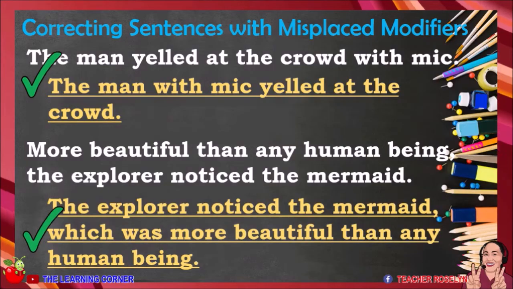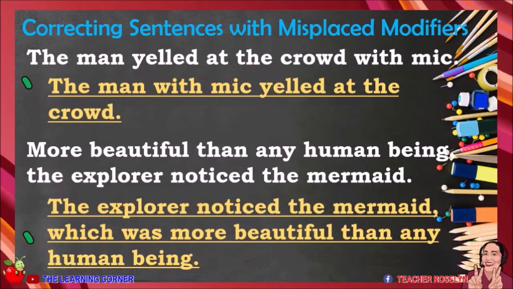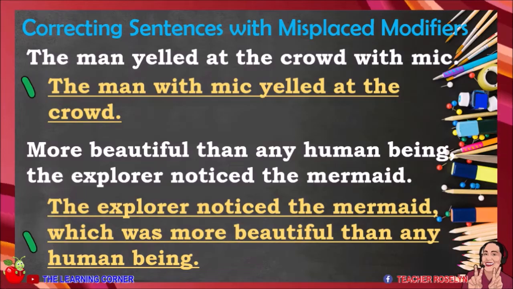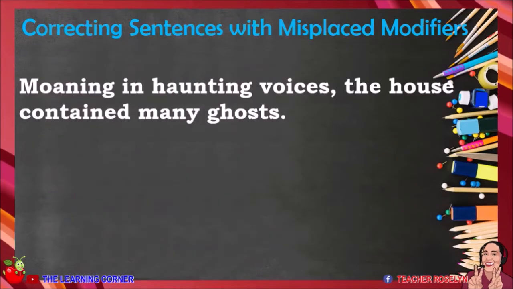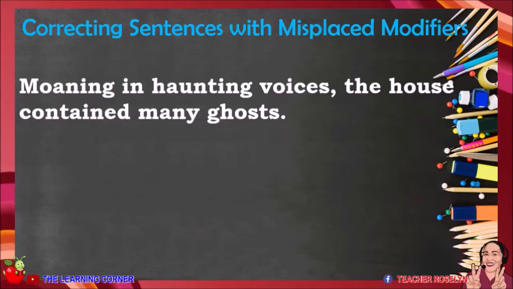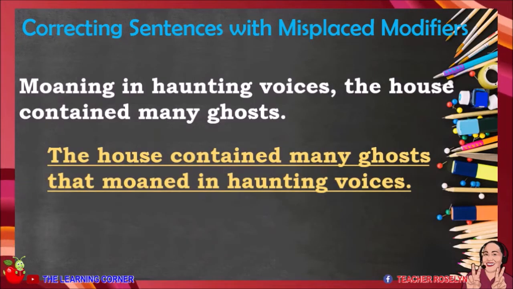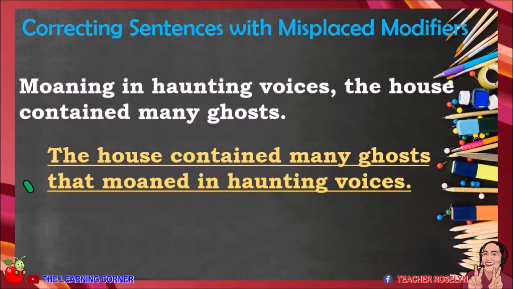The explorer noticed the mermaid, which was more beautiful than any human being. Moaning in haunting voices, the house contained many ghosts. Answer. The house contained many ghosts that moaned in haunting voices.